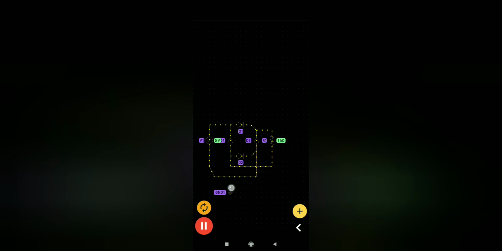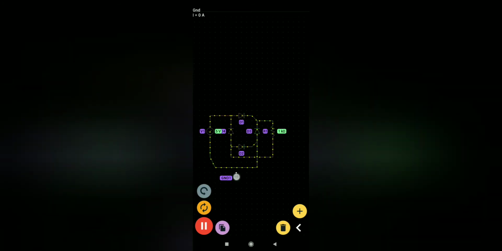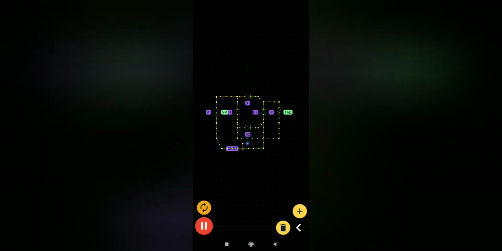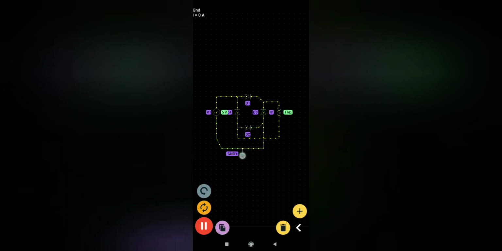These are connected to the load, and this terminal is connected to the... Simulate this circuit.